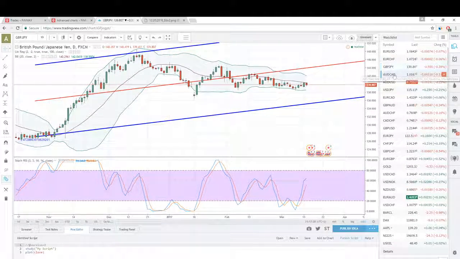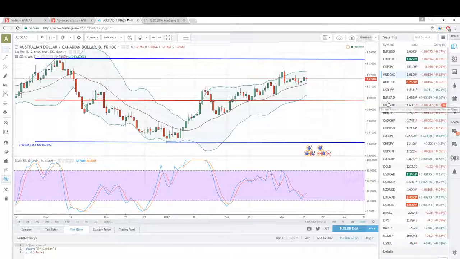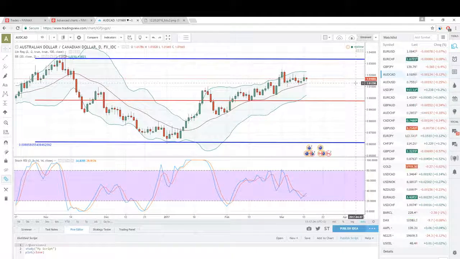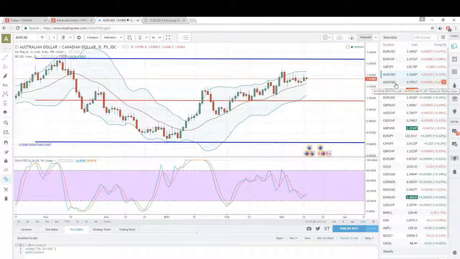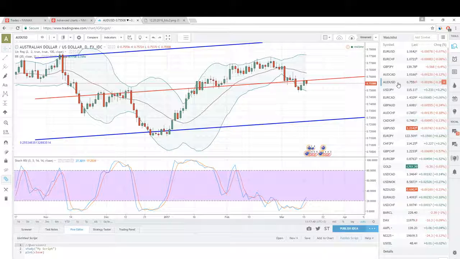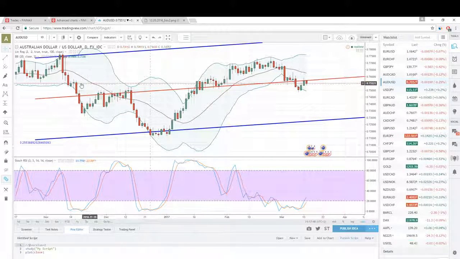Well, the characteristics are almost the same. It should have a small body, a long upper tail, that's the most important, and a small to non-existent lower tail.